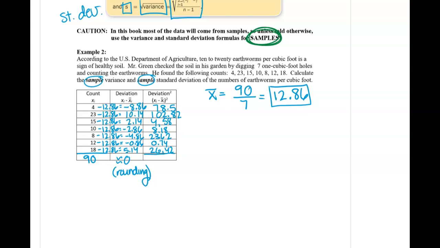Take my word for it. If you want to check my work, you can. And if you add those up, you get 244.86.